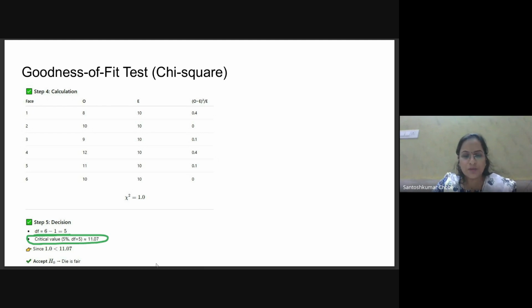Correct. So looking back, I will be showing you the chi-square test table. Just a second. So we will share this chi-square test table.